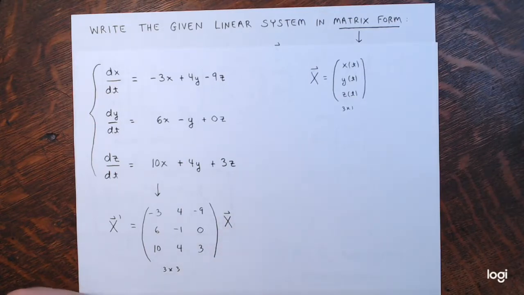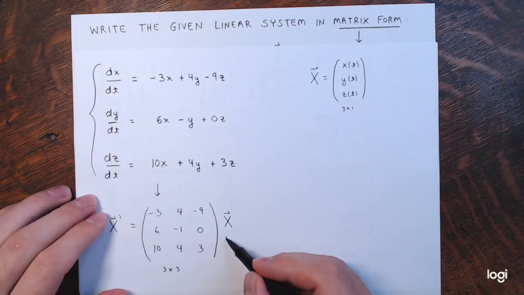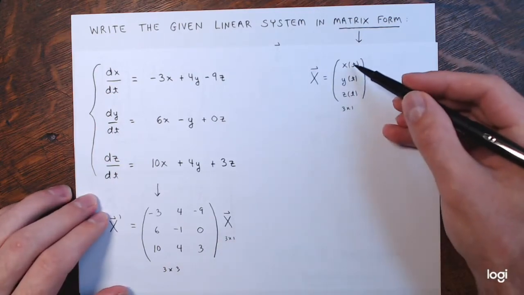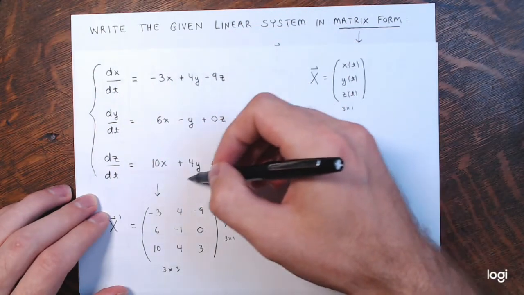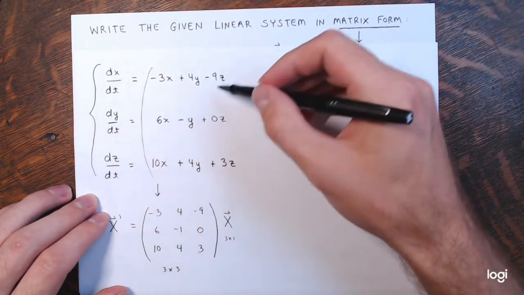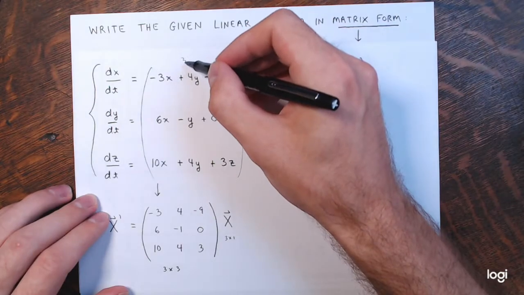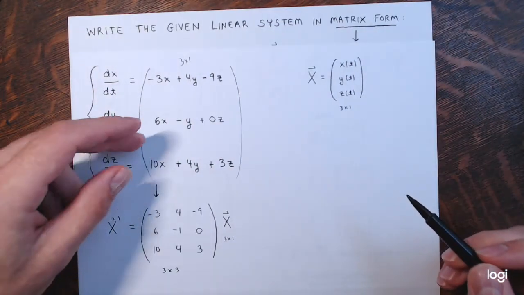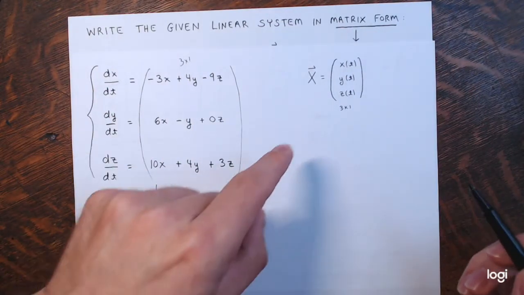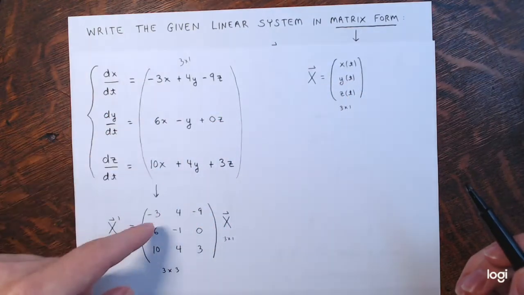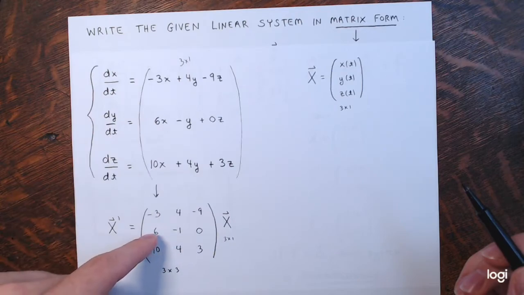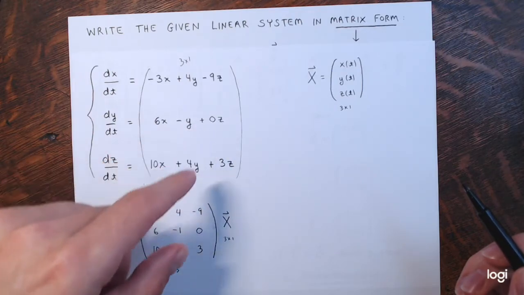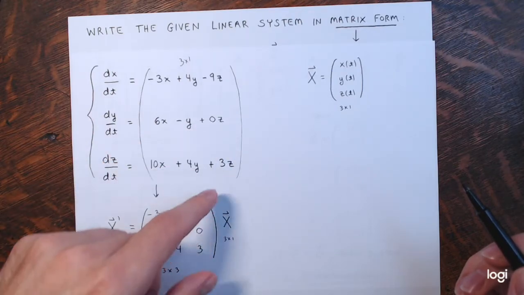This 3 by 3 matrix times this 3 by 1 vector would give me the resulting setup on this side. Multiplying this matrix by that vector would give me negative 3x plus 4y minus 9z in the first row, 6x minus y in the second row, 10x plus 4y plus 3z in the third row.